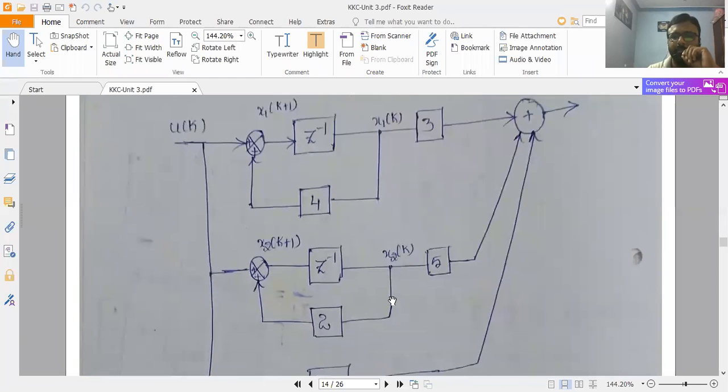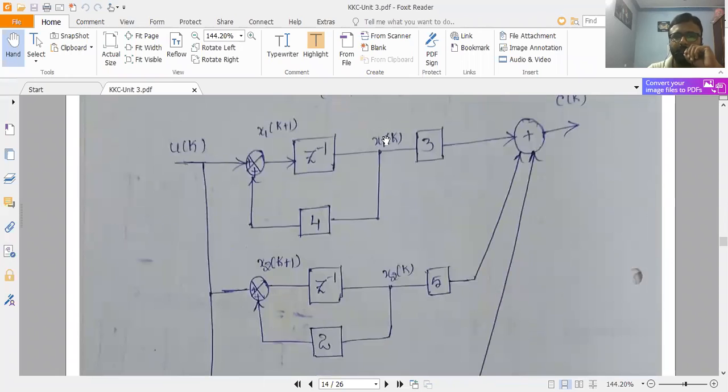From this particular block diagram, how are we able to find the expression for x1 of k plus 1? This summing point is called x1 of k plus 1.